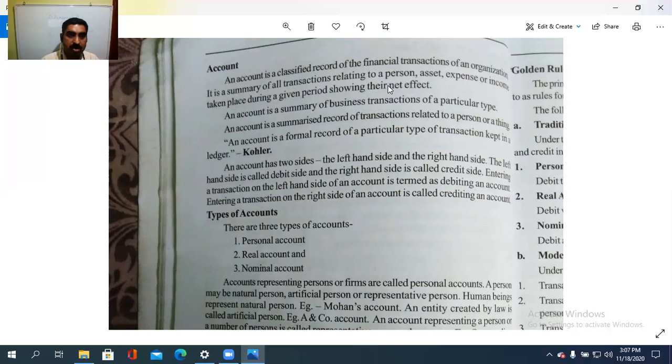Personal account relates to a person. Real and nominal accounts are impersonal because nothing relates to a person. Real account relates to assets, tangible or intangible, while nominal account relates to expenses, incomes, gains or losses of the business.